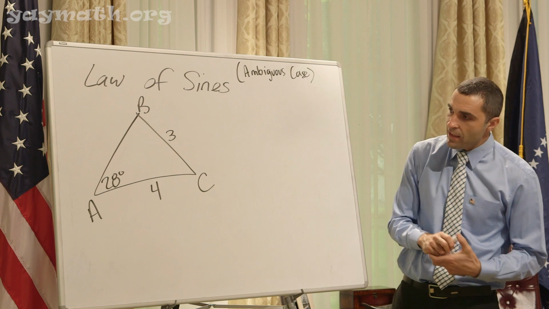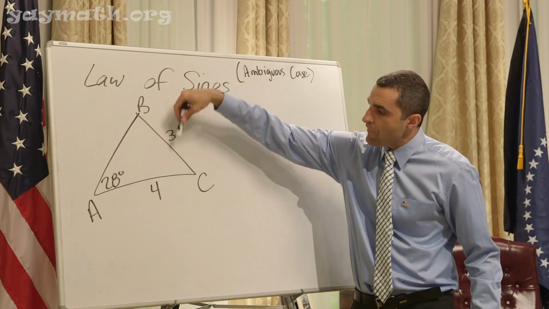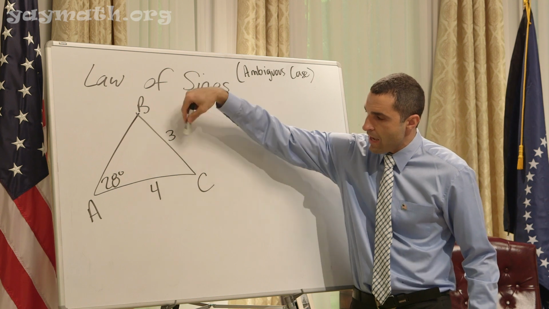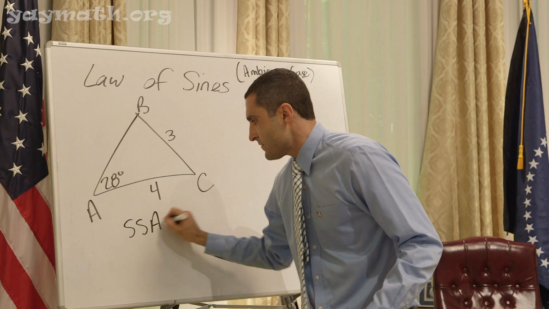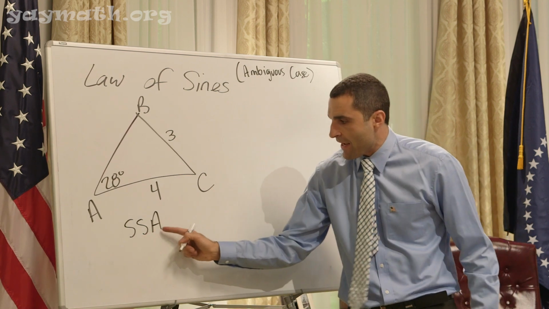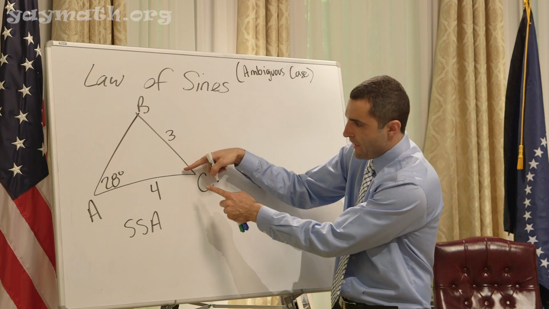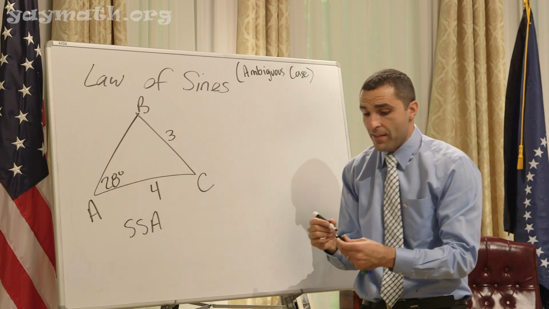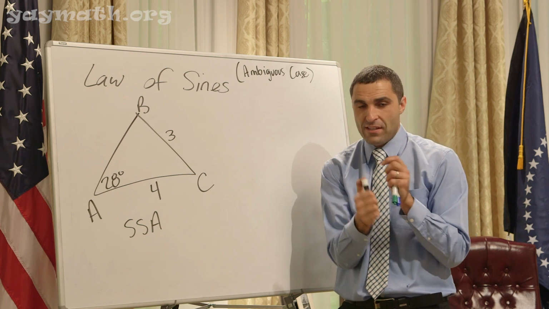The way you can tell it's an ambiguous case is as follows. If I gave you two sides and an angle not between them, SSA, do you agree this is two sides and an angle that's not between? Angle C would be the angle between. If I gave you two sides and an angle not between, I could potentially create two different triangles with them. It's strange.